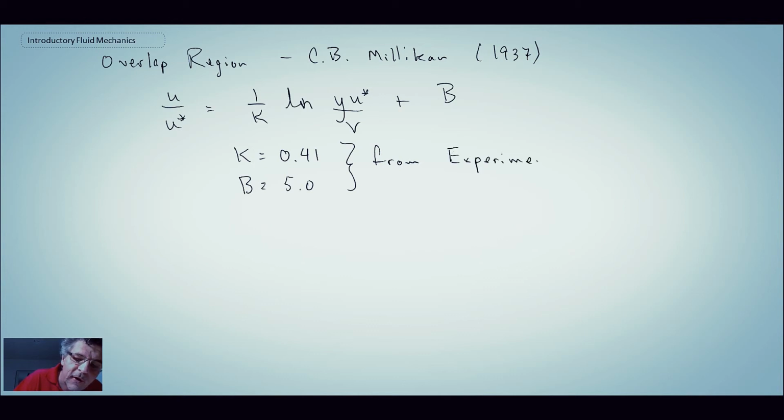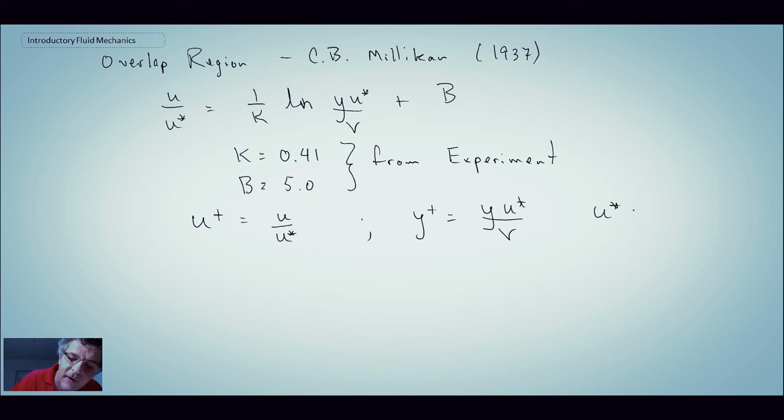These numbers are constantly being fine-tuned as people get more and more data for turbulent boundary layers. But in here, he also defined a U plus, which was velocity divided by the friction velocity, and he had a Y plus, which was Y times the friction velocity divided by nu.